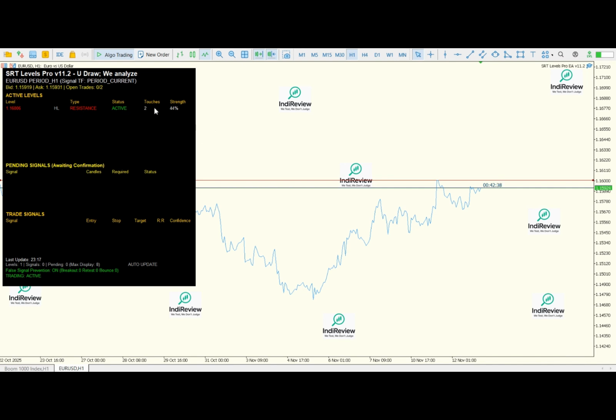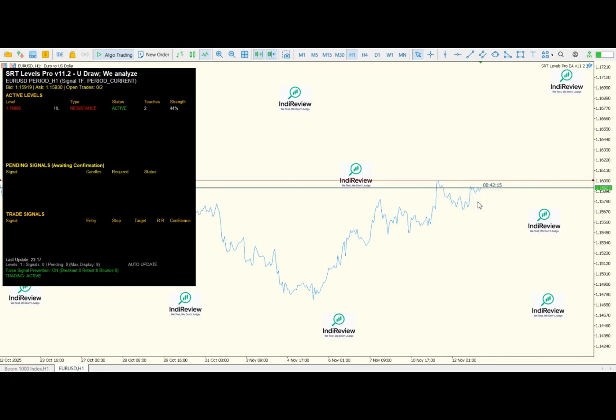The number of touches has to do with the number of times that the market has come to touch this line, so it's more like a retest. That means when we look back, we should see another place where the market actually touched this and then reversed, right?